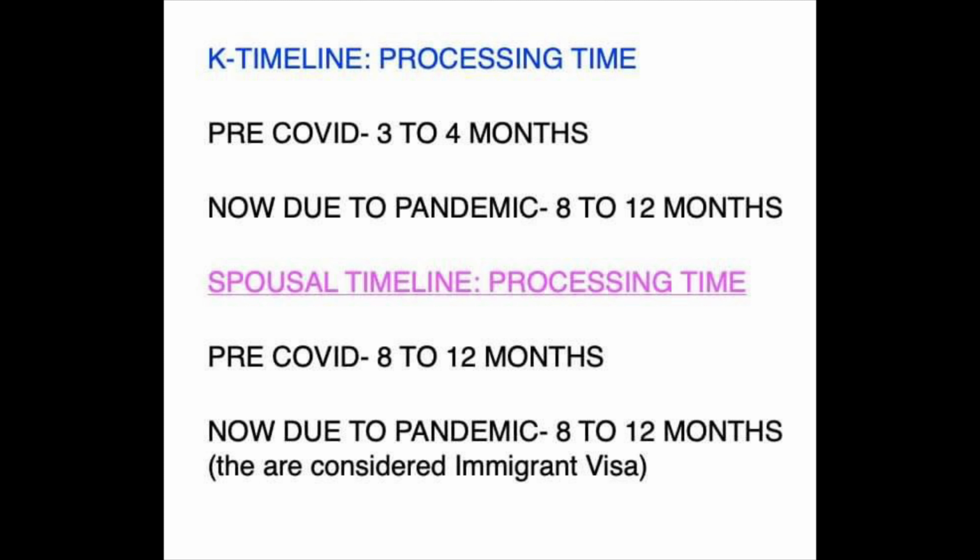Before the pandemic, you got approved in 3 to 4 months. That's why they think K1 is very fast, and that's why a lot of couples use K1.